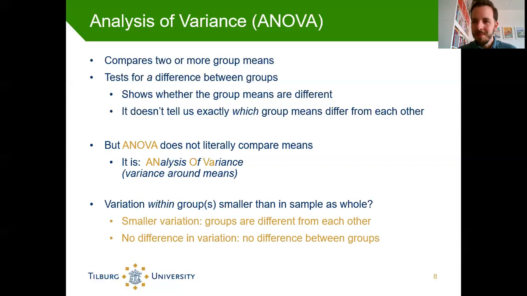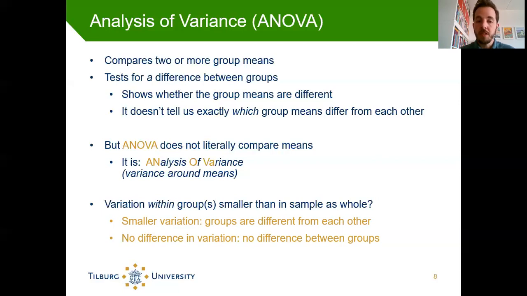Now, this is all a bit conceptual and a bit technical, perhaps, but if the ANOVA tells you that the variance within a group is smaller than the variance in the sample as a whole, so all your groups, all your participants together, then it concludes that your groups are different from each other.